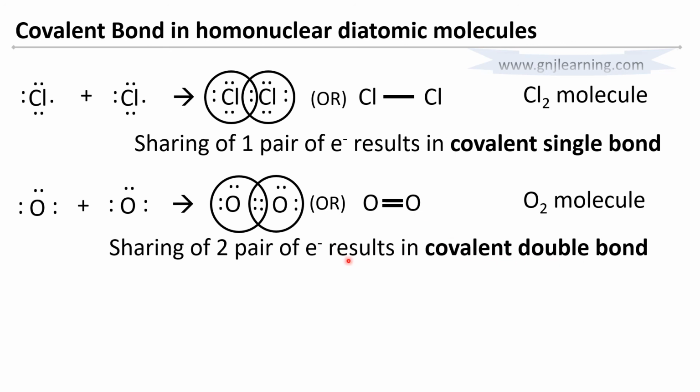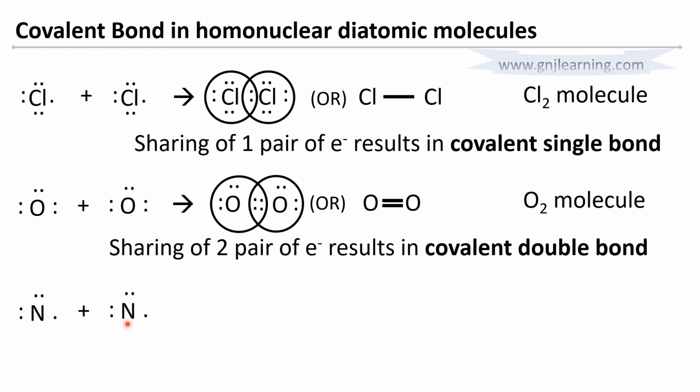Yet again, if you look into the case of nitrogen, each nitrogen atom has 5 electrons, which means that each one will require another 3 electrons. Clear? So what will they do?